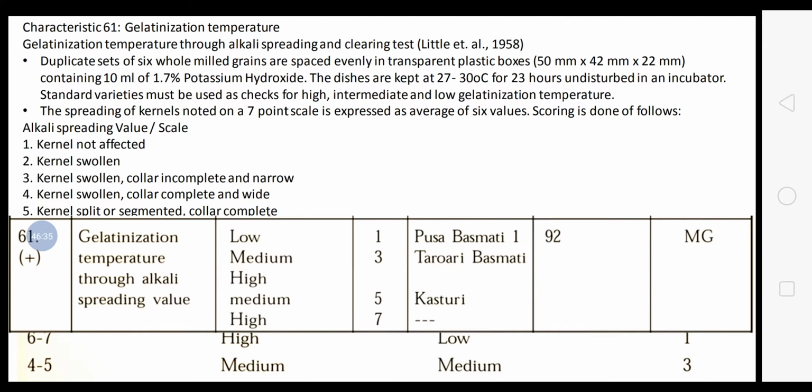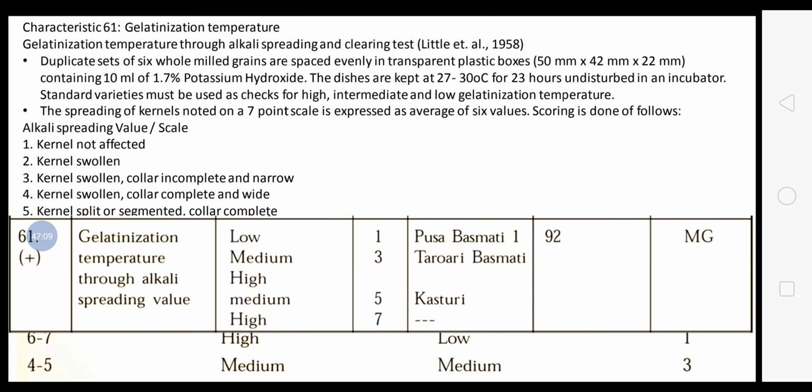Scoring is done as kernel not affected, kernel swollen, then kernel swollen, collar incomplete and narrow, then kernel swollen, collar complete and wide, and kernel split or submerged, segmented, collar complete. This characteristic, gelatinization temperature through alkali spreading value, is scored as low, medium, high, like that.